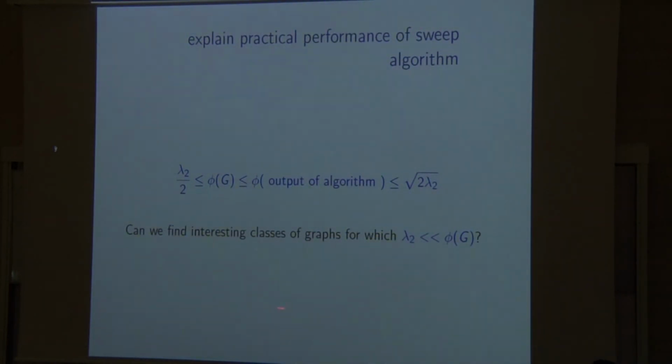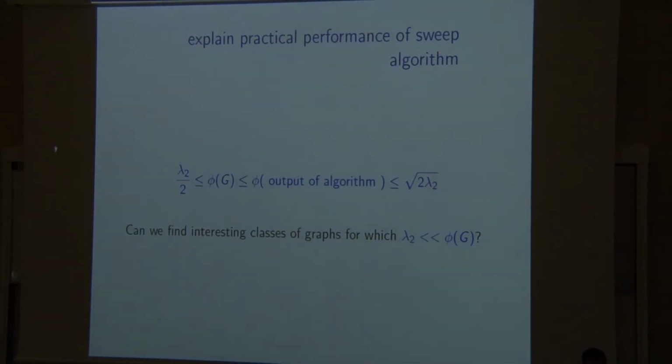But if we could find some interesting class of graphs for which we could prove that lambda 2 is always much smaller than the expansion, then automatically for those graphs we would have an improved approximation. In fact, if you could argue that for some class of graphs lambda 2 is always quadratic in the expansion, then for those graphs you could get a constant factor approximation.